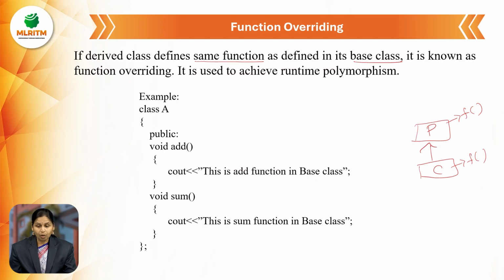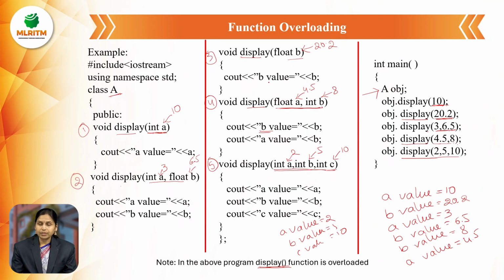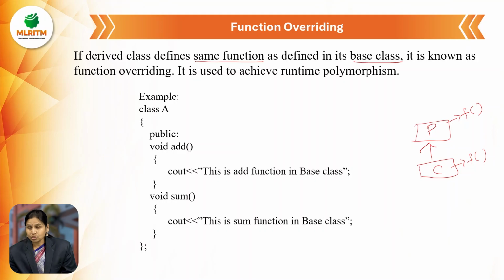In function overloading, we are using the same function display multiple times within the same class. But when it comes to function overriding, we are using the inheritance concept. In this case, the parent and child, both classes have the same function name. Here we are overriding the functions.